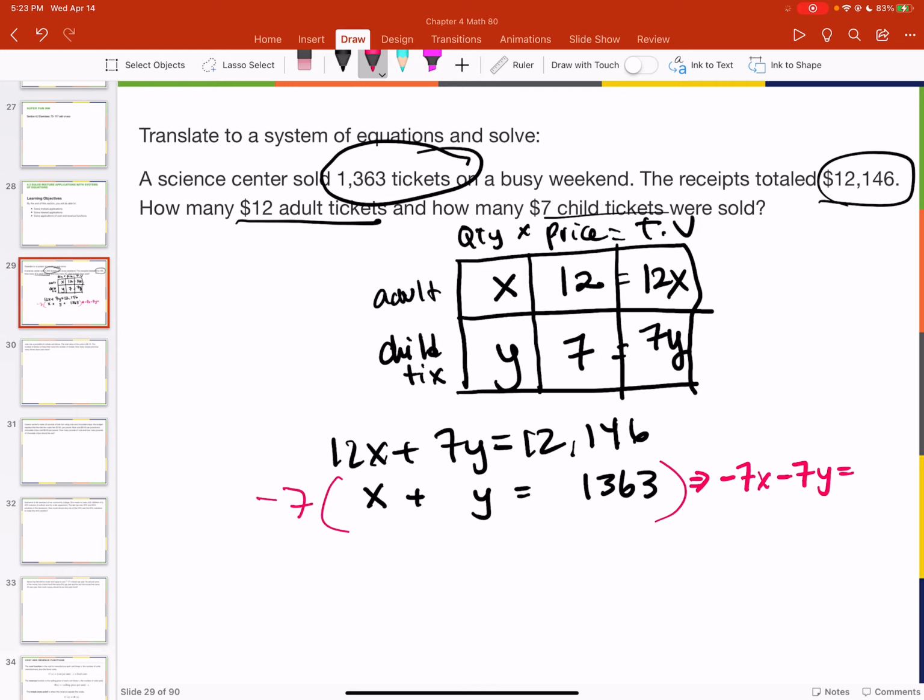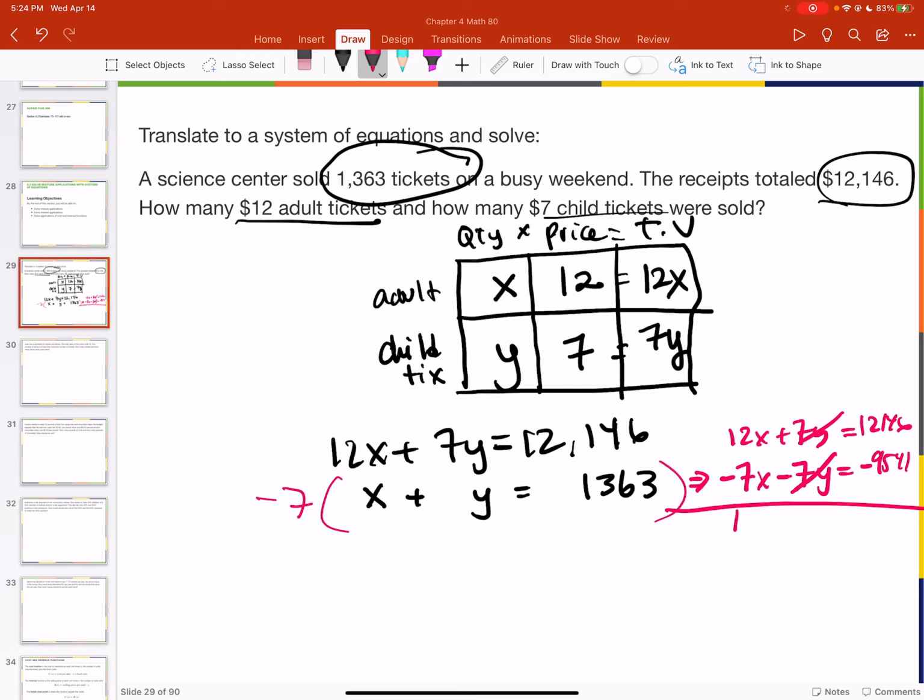Let's see here, because I totally know how to do that. Just kidding. Sometimes I just want to make sure. So negative 9,541. Then the other equation can stay the same, 12,146. So when we add them, the 7s will cancel.